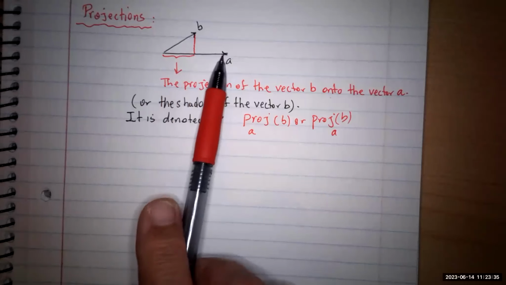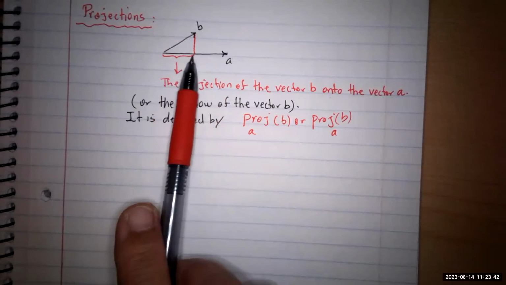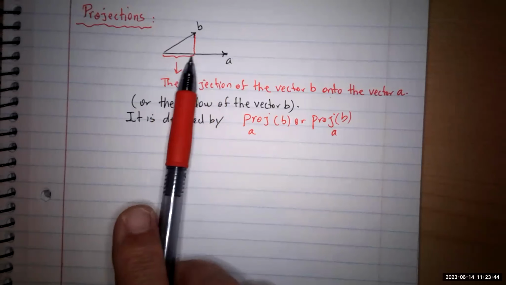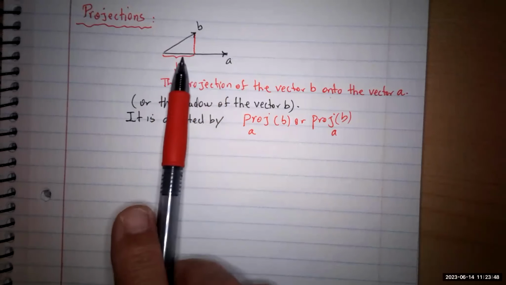Remember, if the angle is 0 or pi, we call it parallel. So this is going to be a portion of A, which means it's going to be a multiple of A.